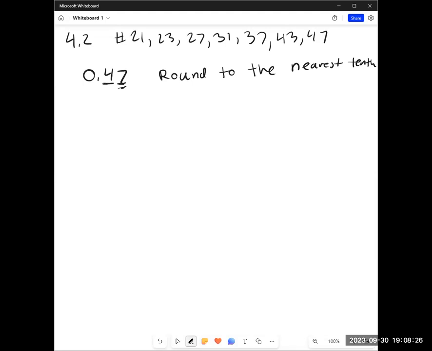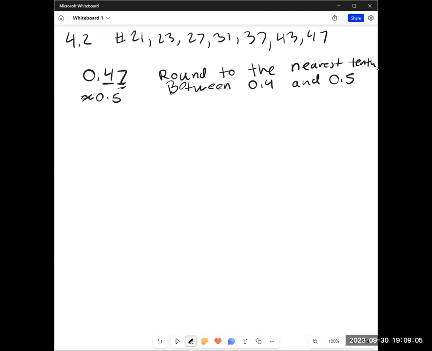You may remember with whole numbers, I gave you the numbers that it was between. So this is between 4/10 and 5/10, and we're going to round it to 5/10 because it's closer to 5/10, which is 50 hundredths, than it is to 4/10, which is 40 hundredths.